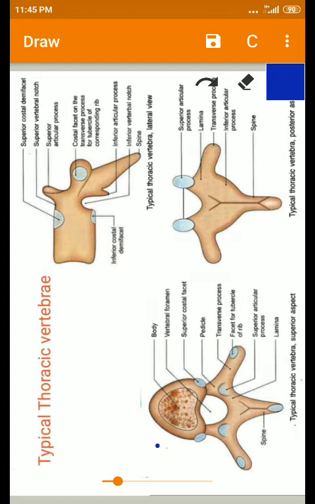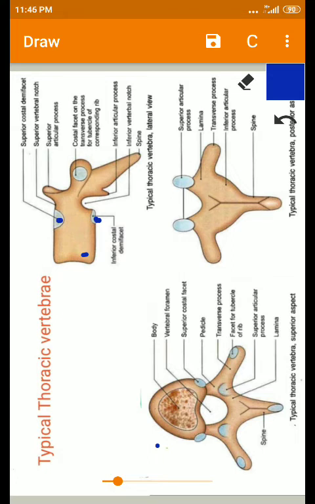On each side, there are two facets, and these facets are called costal facets. That means these facets articulate with the ribs, so they are called costal facets. Normally there may be two or only one.